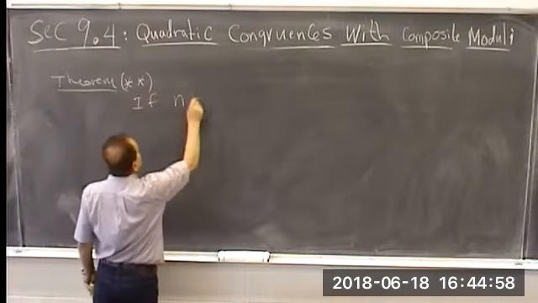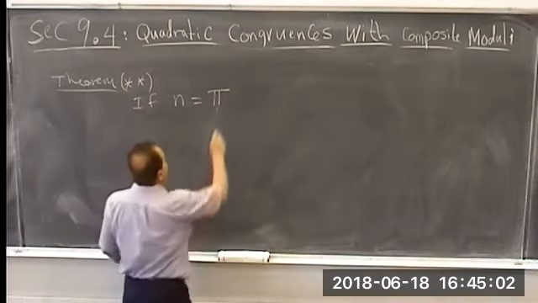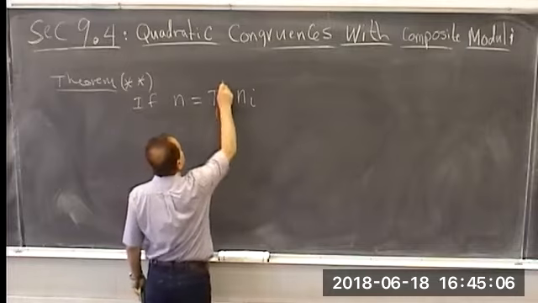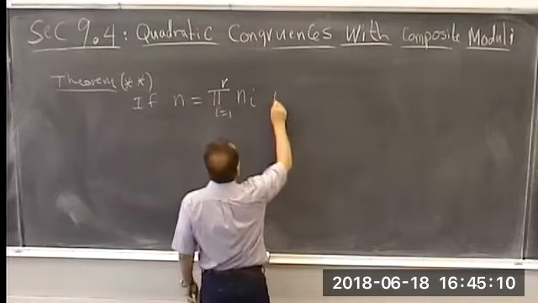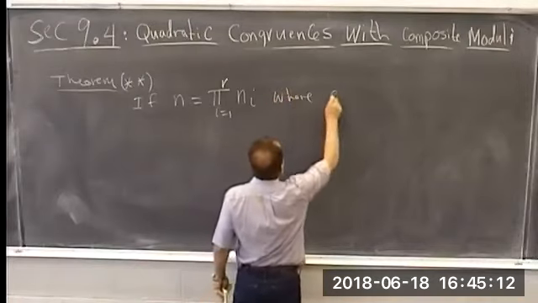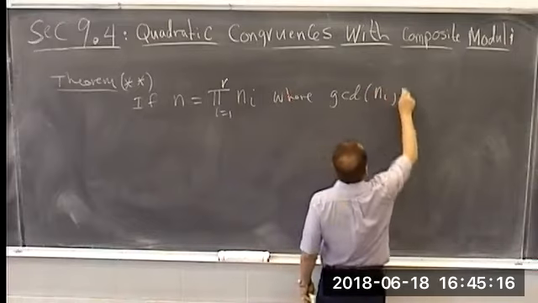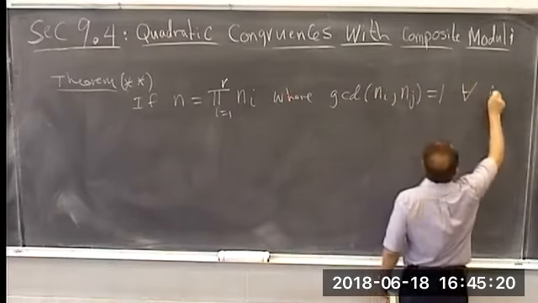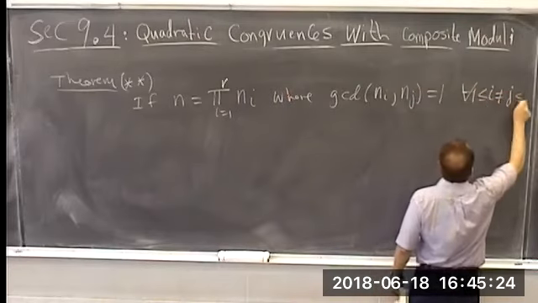If n is a product of n sub i's, i equal 1 up to r, where the greatest common divisor of any two of these is equal to 1 for every i not equal to j, between 1 and r.